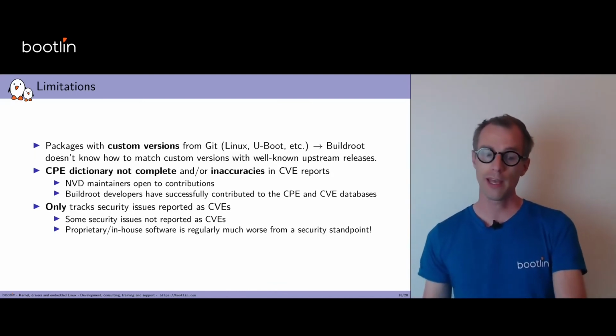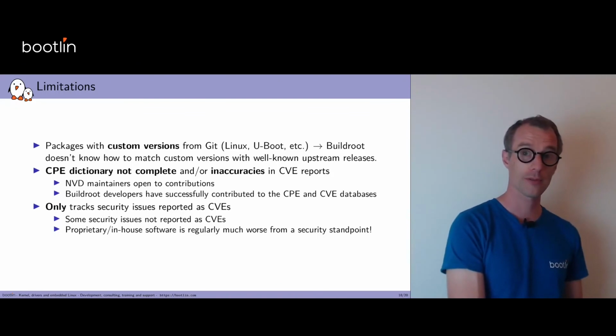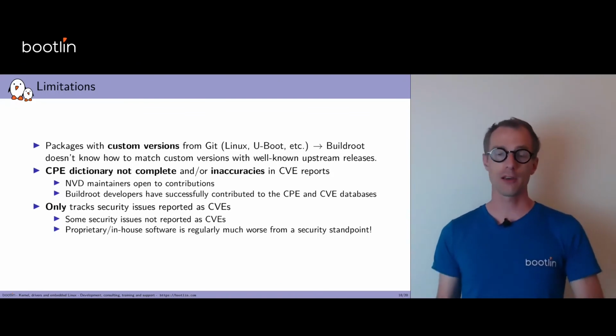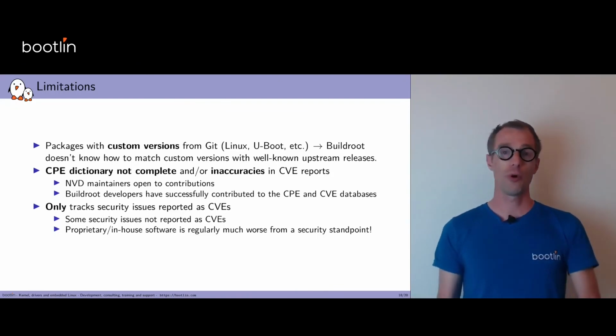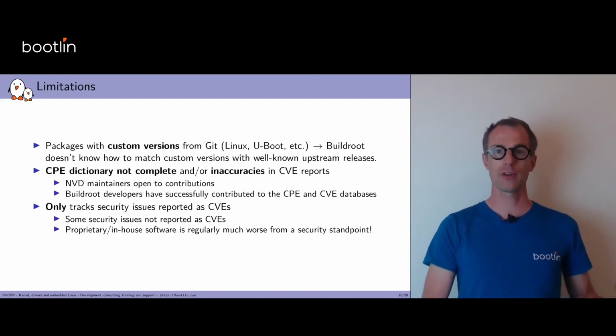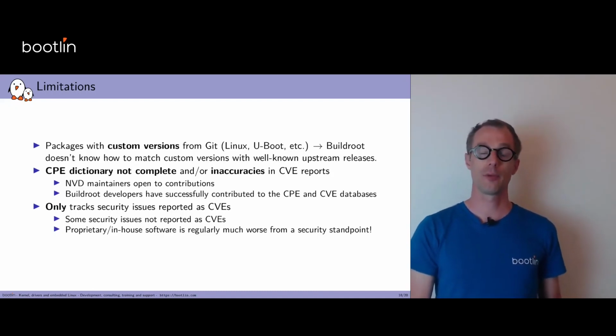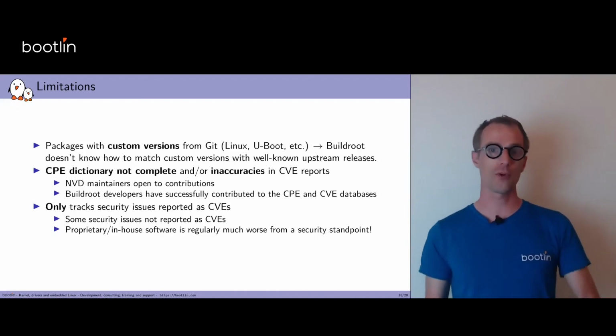Another aspect that is important is that in a lot of embedded products, you have a combination of open source components and proprietary in-house components. And the CVEs are only reported for open source components typically. But in many cases, we see that the code that is written in-house is poorer than open source code from a security point of view.